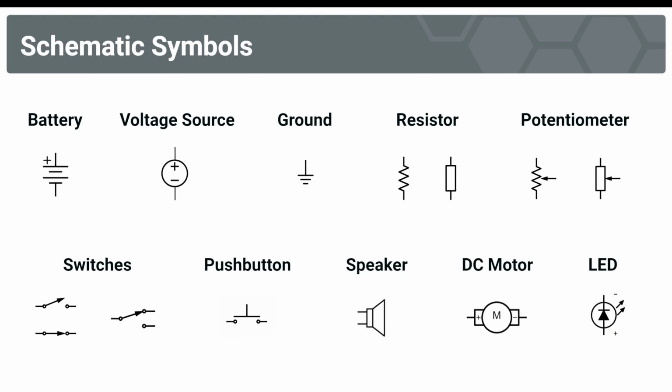And what you'll find on this next slide is a nice reference for you of what each symbol is associated with. We've got the battery symbol, there's a voltage source symbol, a ground symbol. Remember, ground is our reference point. So if you were measuring voltage at a certain component, it would be in reference to wherever ground is on the schematic.